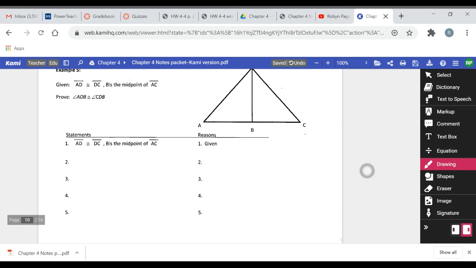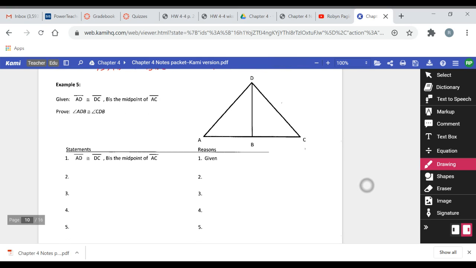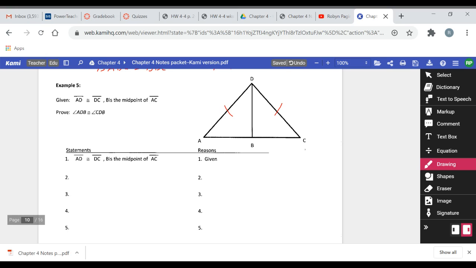All right, last proof here is example 5. And on example 5, it tells me that AD is congruent to DC, so I'm going to go ahead and mark that. It also tells me B is the midpoint of AC. So if I know, again, that B is right in the middle of A and C, then I know that these two pieces are congruent, but I also need to say that in my proof.